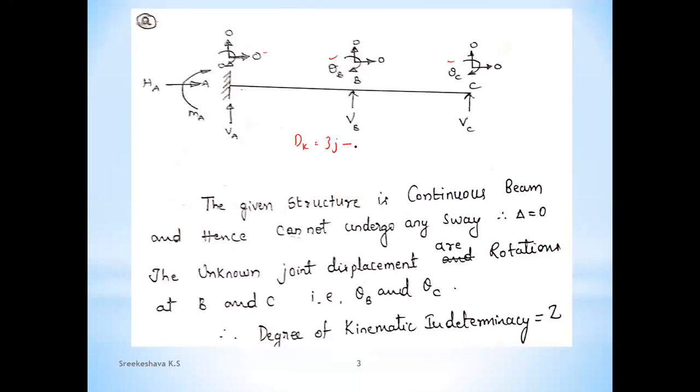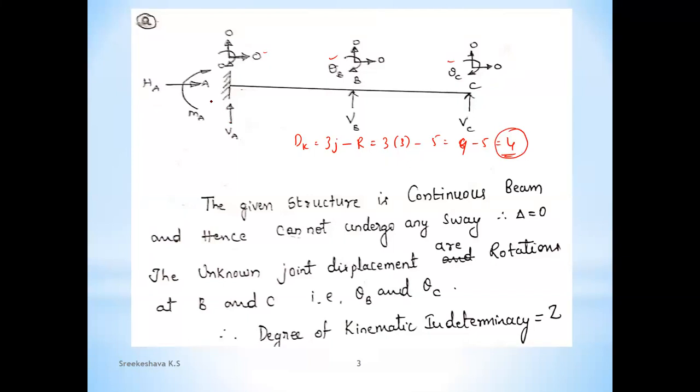3j minus R. Now 3 into joints, 3, minus R: 1, 2 plus 3, 5. How much? 4. 3 into 3 joints is 9, 9 minus 5, 4. See, now we got this degree of freedom. This is the possible degree of freedom, possible movement of supports.